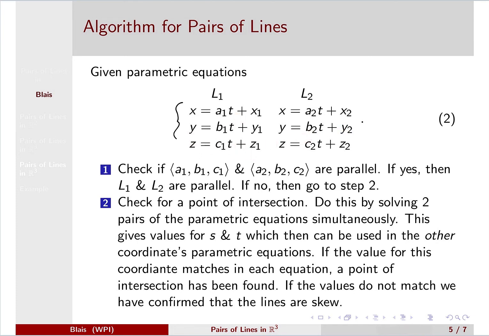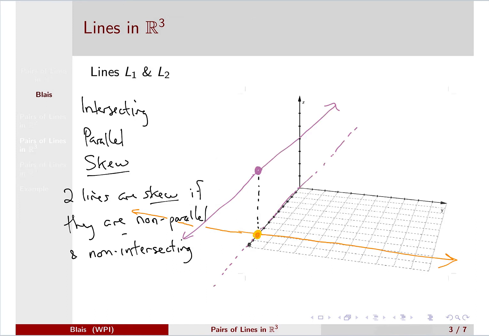But you have to give each line its own parameter. So we usually will give one of the lines s. But again, the problems are usually given to you where the parameter is the same. And the reason we do this, think back to our idea of parametric equations.